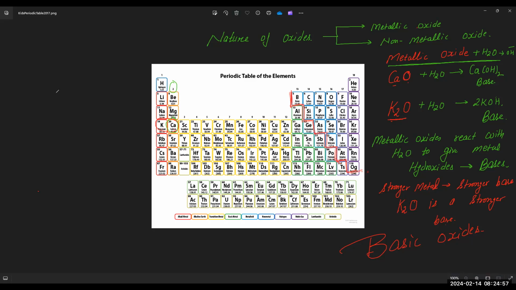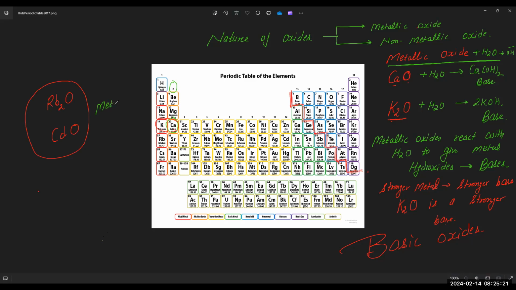This time I'm giving you rubidium oxide, and rubidium oxide is this, and cadmium oxide. What kind of oxides are these? Metallic or non-metallic? They are metallic oxides.